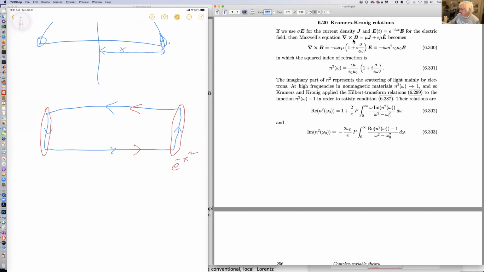Anyway, to get back to Kramers and Kronig, people doing electrodynamics often use complex variables so as not to have to screw around with sines and cosines all the time.